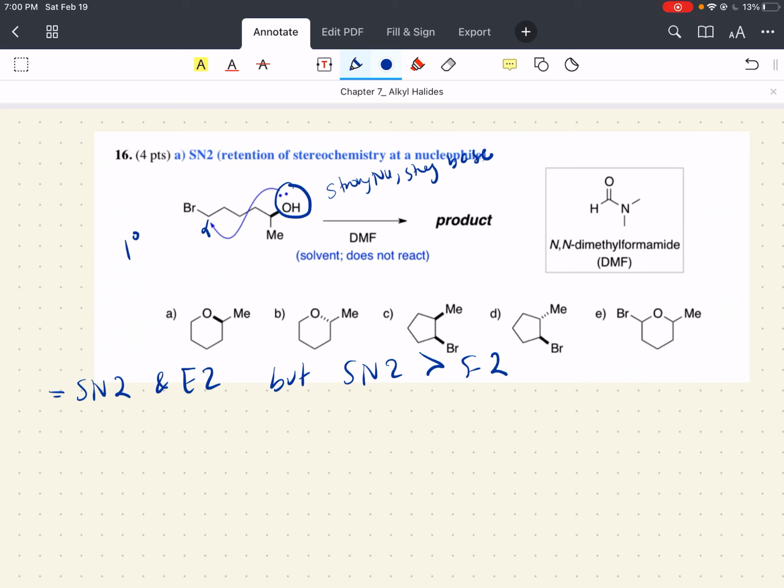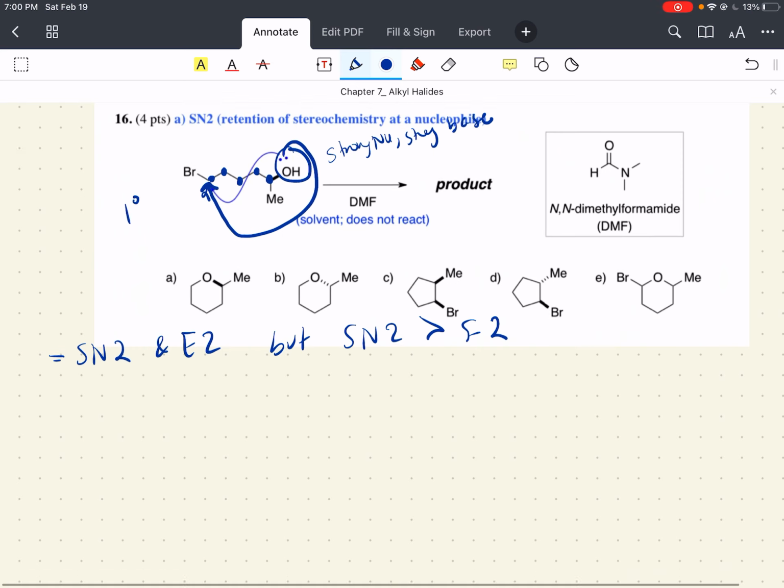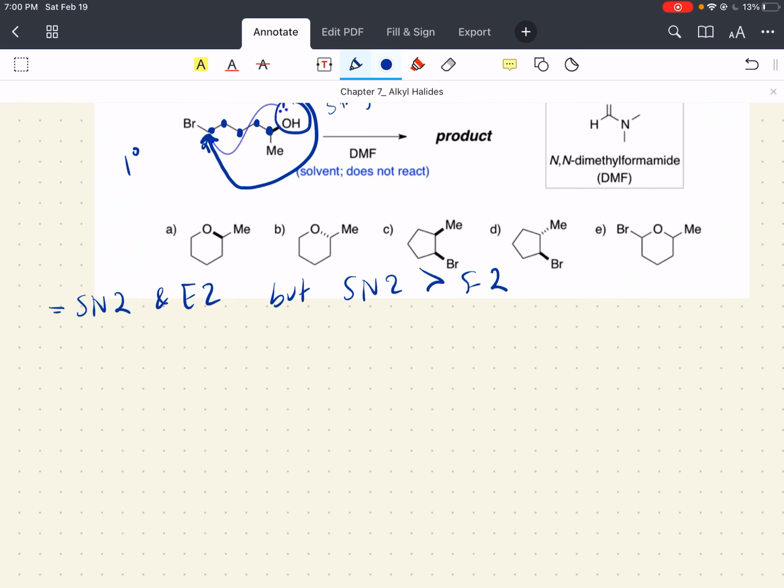What happens here is this lone pair in the alcohol group is going to attack that alpha carbon right there. What we form is a ring around the oxygen. So however many carbons we have here, 1, 2, 3, 4, 5 carbons, the oxygen is going to be part of the ring because it's attacking that carbon and closing the ring.